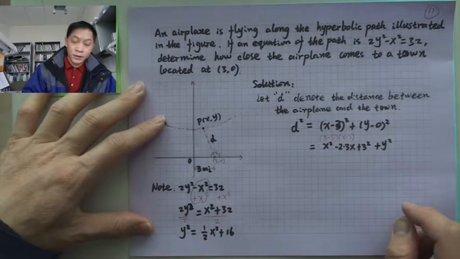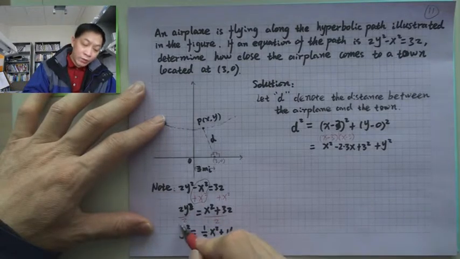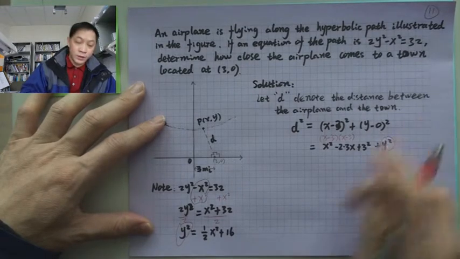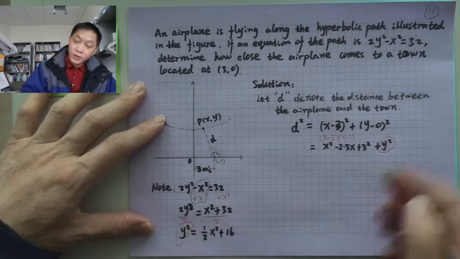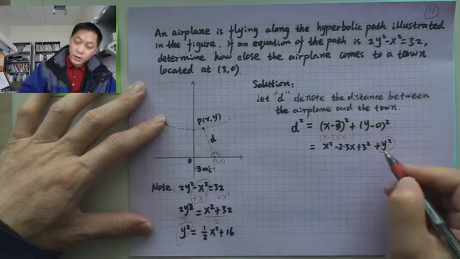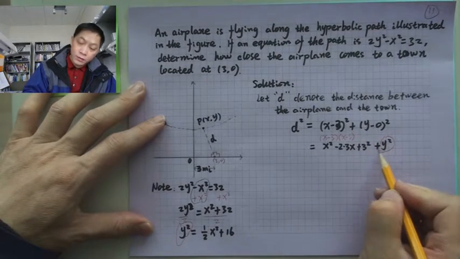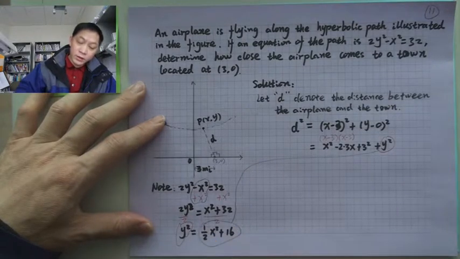Now, since we have a y squared here and x and y satisfy this equation, you can replace this y squared by this quantity.